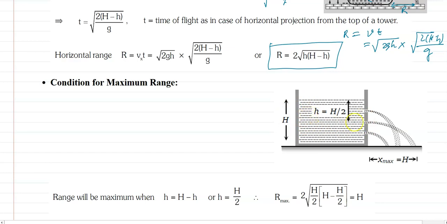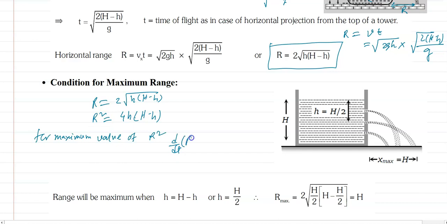We can show that R equals root over 4h into capital H minus small h. If I take R square, it is 4h into capital H minus small h. If I differentiate, for the maximum value of R square, d by dh of R square will be 0.